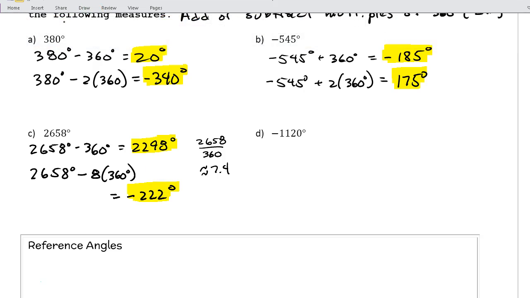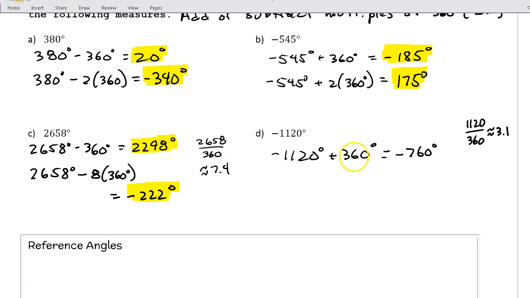Alright, so for part D, I've got negative 1120, so I'm going to add 360 to get another negative coterminal angle, so that's negative 760 degrees. And again, I can see I'm not getting close to a positive yet, so let me see how many full revolutions are in there. So I'm going to take 1120 and divide it by 360, and that gives me about 3.1.